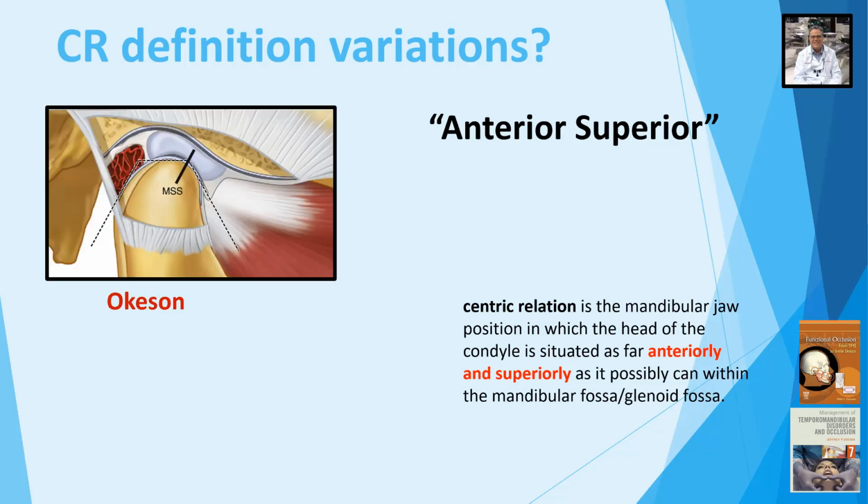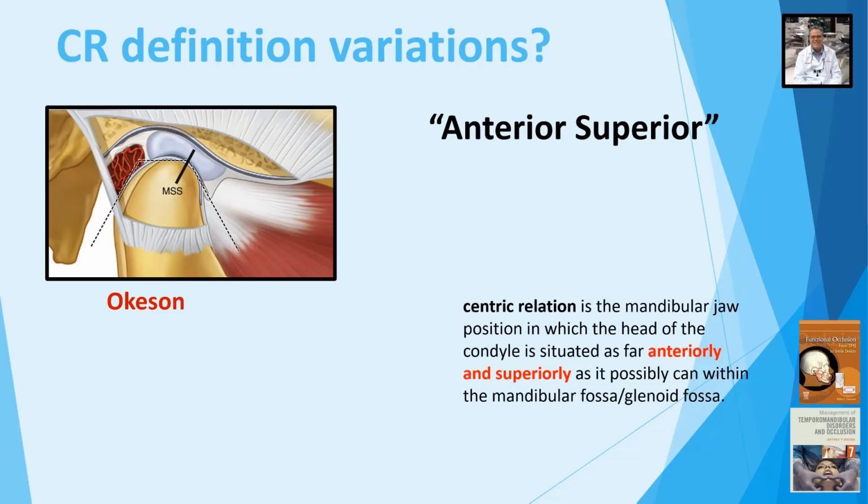It would look kind of like this, out of Dr. Okeson's book, and you can see that at its most superior position, he draws this as though there's a little bit of a horizontal component. But in my experience, in all the treatment and clinical observations I've had, I've never been able to detect a horizontal component to the most superior position.